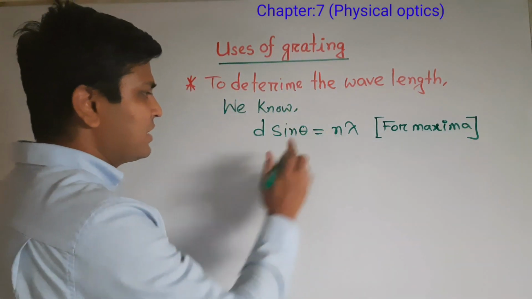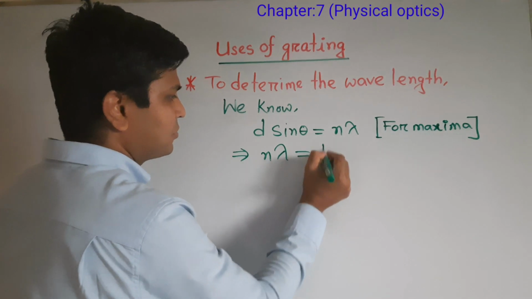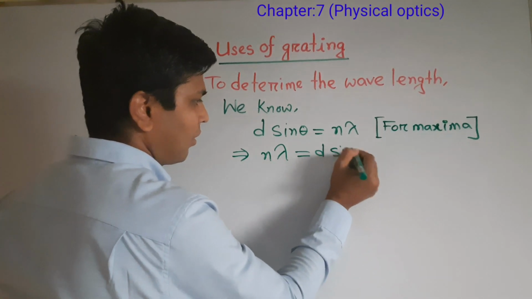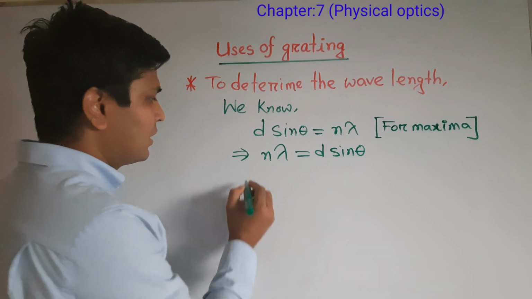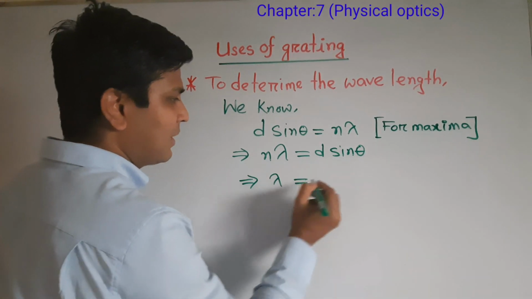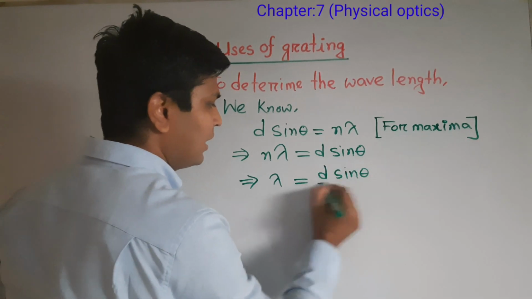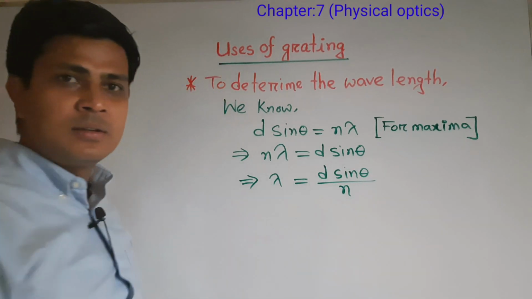Now, if we change the position, then we can write n lambda equals D sine theta. If you want to calculate lambda, then we can write lambda equals D sine theta divided by n.